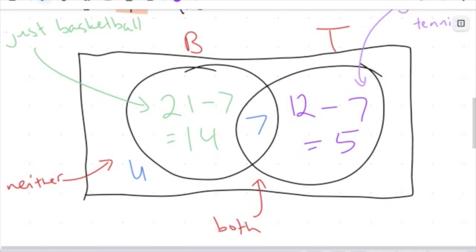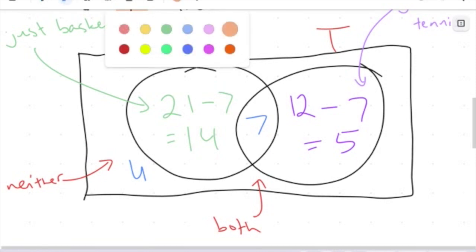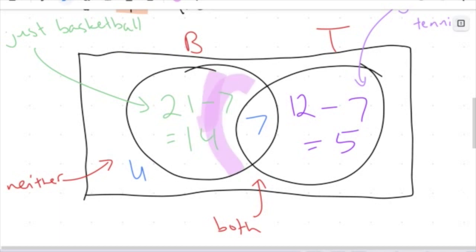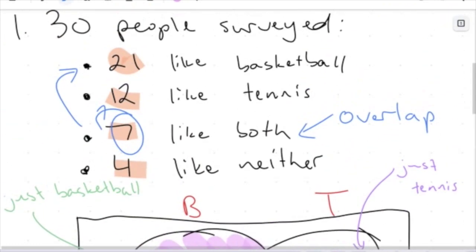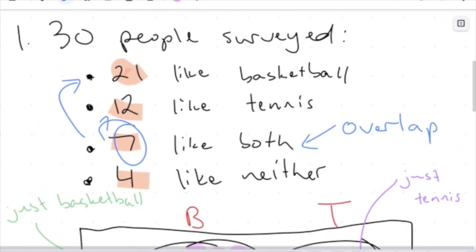Now let's consider this Venn diagram, because now it's important to distinguish between these different spaces on the Venn diagram. I have that 14 people just like basketball. And along with those 14 people, 7 also like basketball, but they like tennis too. So the total space here in just my basketball circle is 14 plus 7, which gives me my 21 up here.